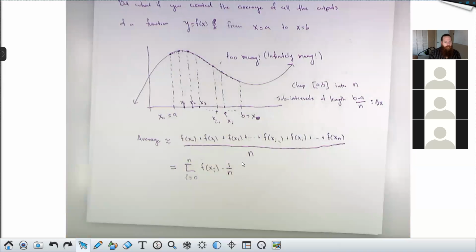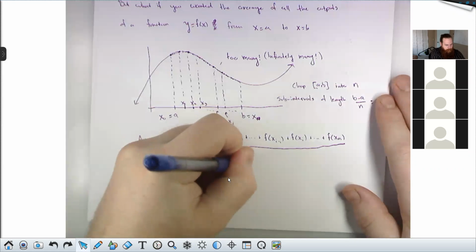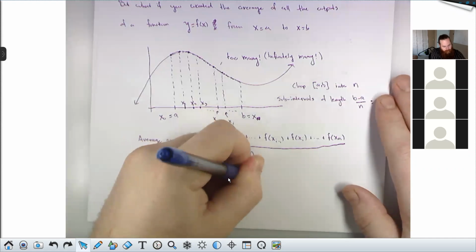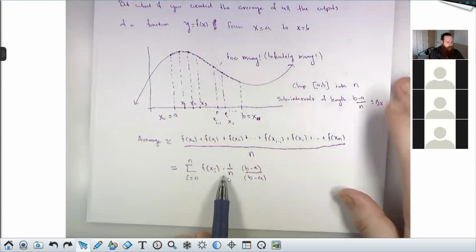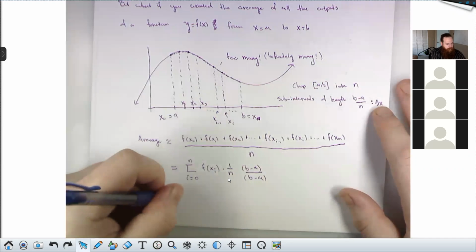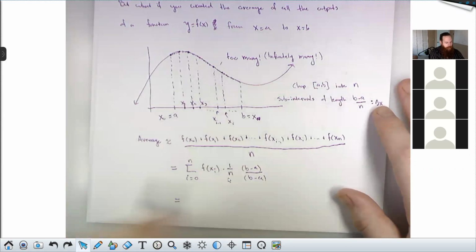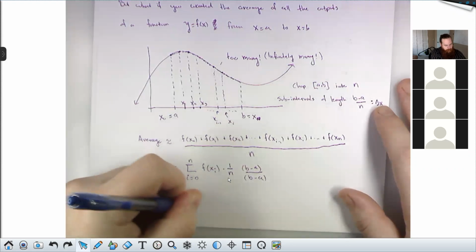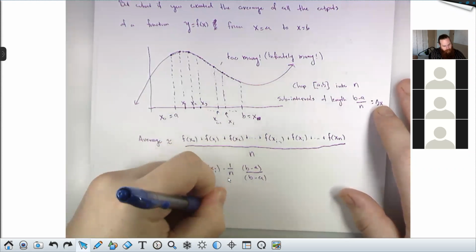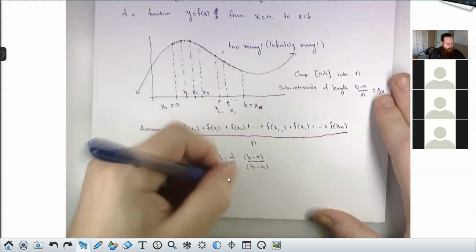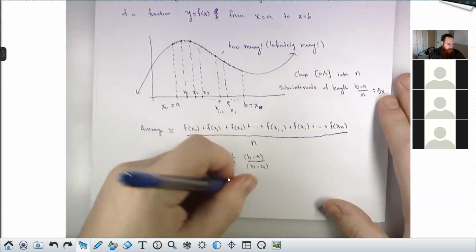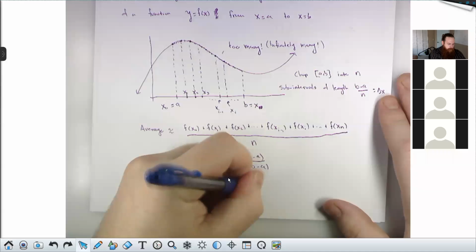And this looks very much like a Riemann sum, right? If I multiply and divide by b minus a, then I can group this b minus a with this 1 over n to form a delta x. And I can bring the copy of b minus a from the bottom out front. So this is 1 over b minus a times capital sigma i from 0 to n of f of xi times b minus a over n.